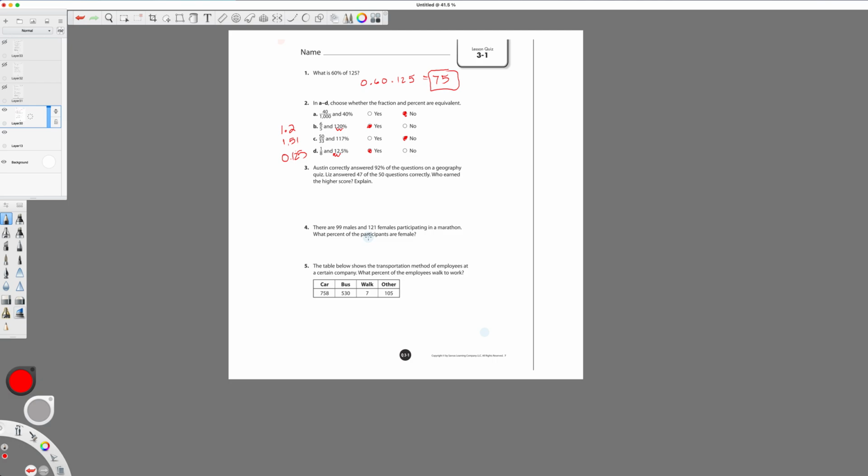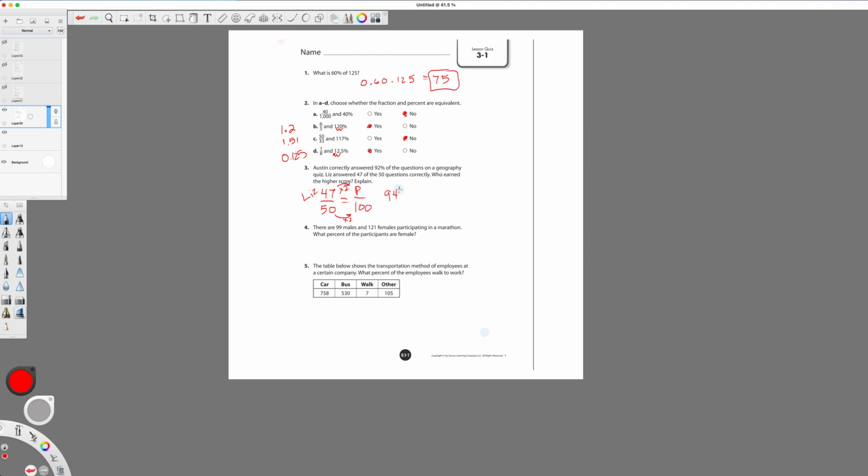Question 3. It says Austin got a 92%. Liz got 47 out of 50. One option is to take Liz's score of 47 out of 50 and figure out what percent that is. And that's a very good option because I can just double this to get 100. So Liz's score is just double 47, and that is a 94%.